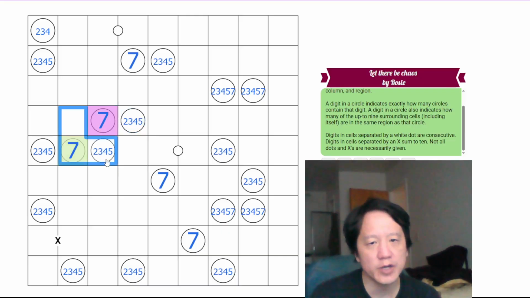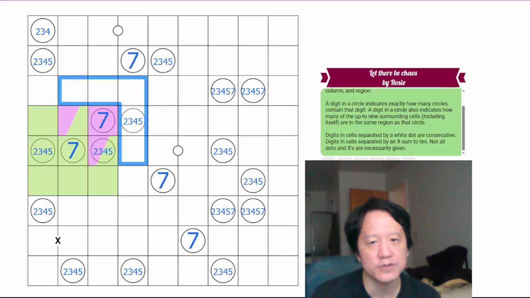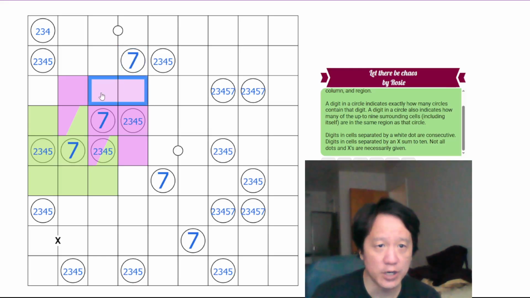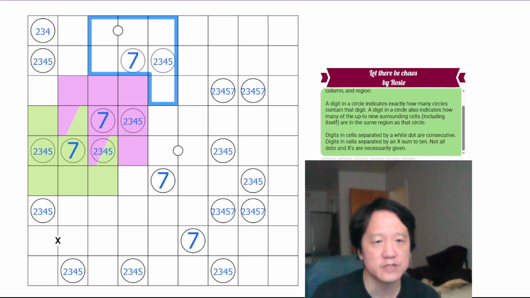So we have a green-pink pair. Only one of these could be green. The rest of these has to be green here to satisfy that. And then the same thing here. This is pink. So this has two cells which are not part of its region. Therefore, the rest of this must be part of its entire region.